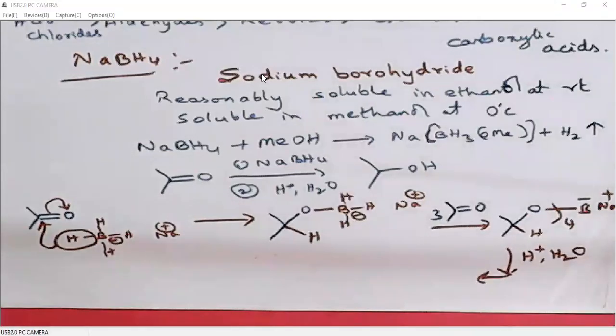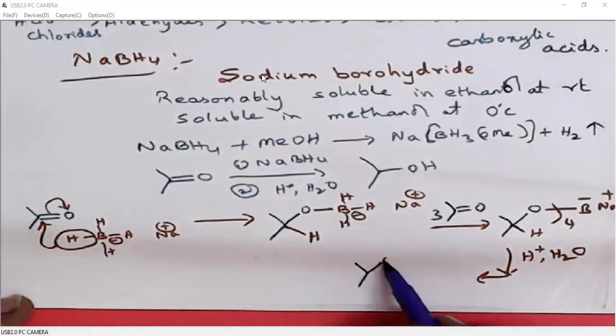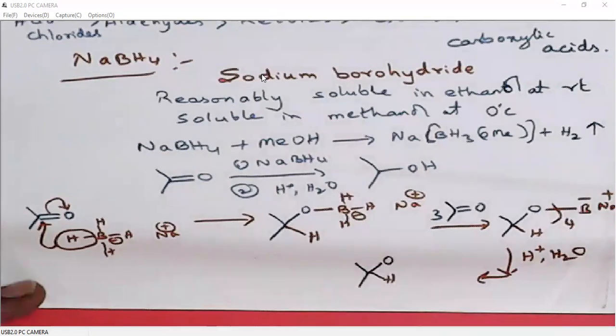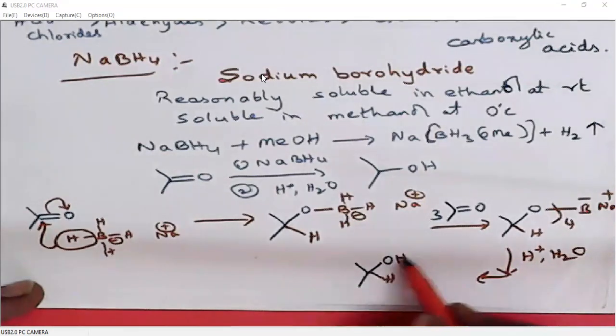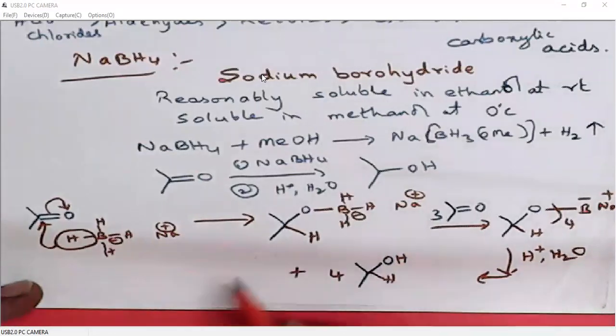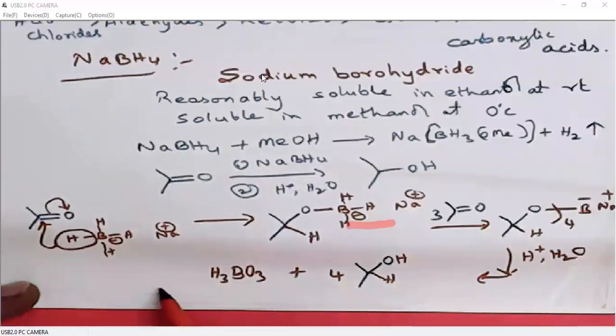So what we get is four carbonyls reduced to alcohols, plus boronic acid, H3BO3. It is called boronic acid.